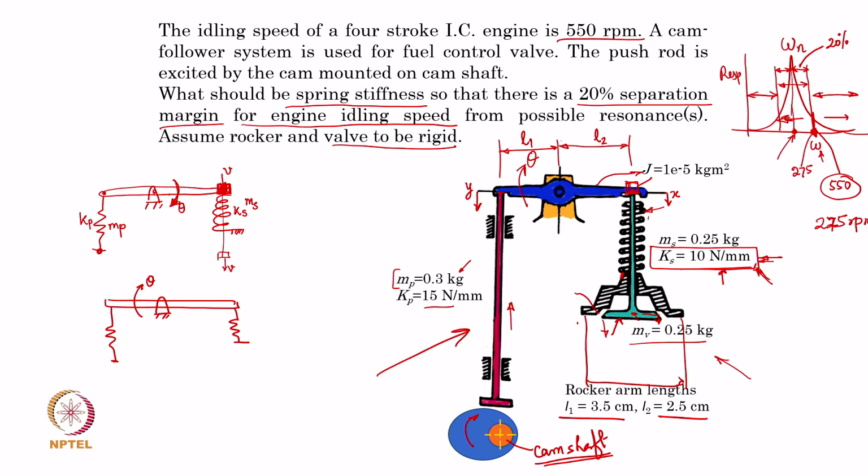This side is preferred for a simple reason, that this is the lowest speed with which the engine will operate. Otherwise, as you raise your engine speed, the speed is going to be increasing from 550 rpm onwards at a higher speed. So, if you can ensure that it is on this side of the 275, it will be safe for all the other higher speeds of the engine crankshaft.